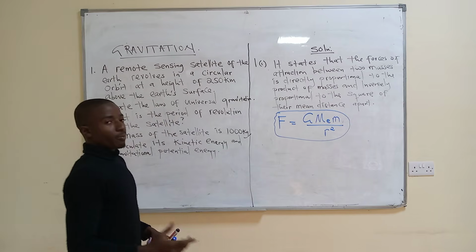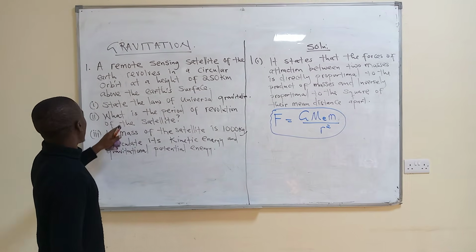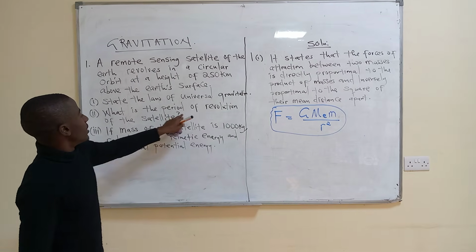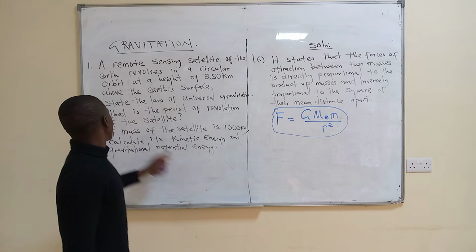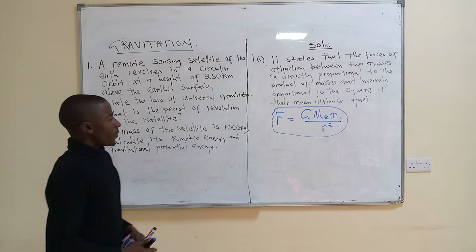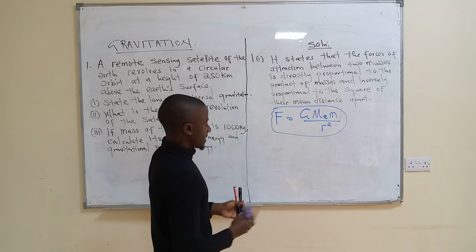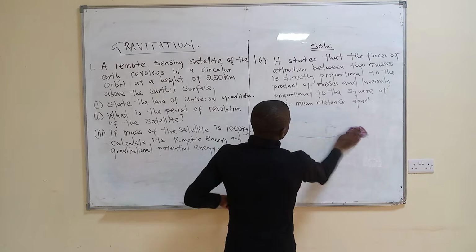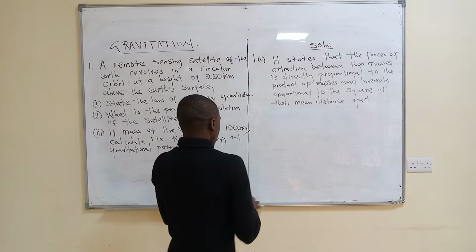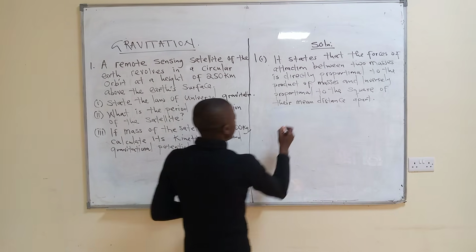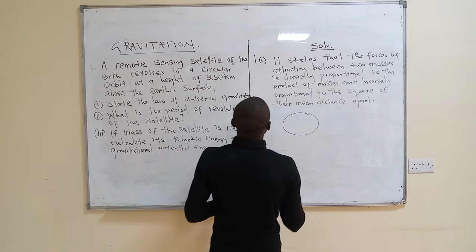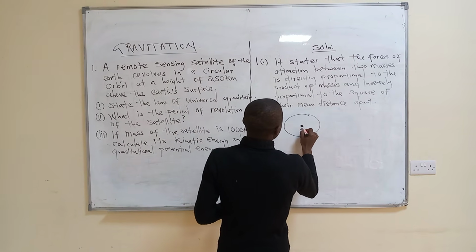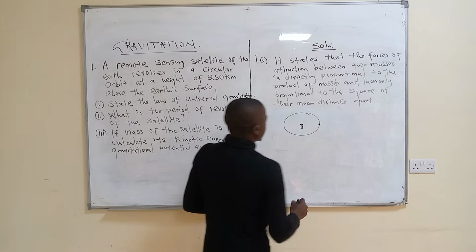From there we can now proceed to question 2, where they are asking what is the period of revolution of the satellite. What you have to bear in mind is this. Let's assume this is the Earth, this is the Sun and this is the planet.